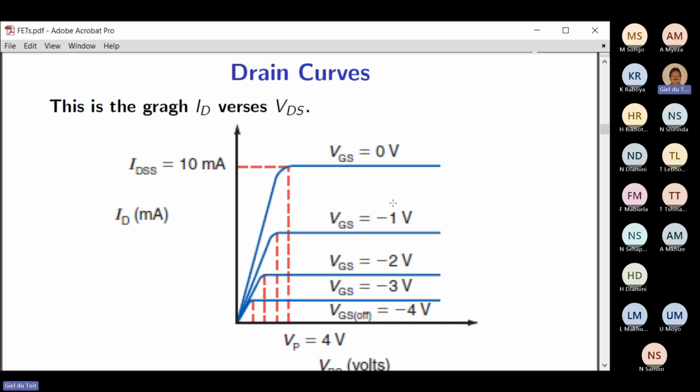However, as I go -1 volt, -2 volt, -3 volt on the gate, then the current here will be 5 milliamp, 4 milliamp, 3 milliamp, and 0 milliamp. So it will stop flowing at this point where I've got maybe -8 volt here. There will be no current flowing. So the pinch-off point is roughly about here at the bottom. Maybe in this case about -5 volt is the VP, the pinch-off voltage.